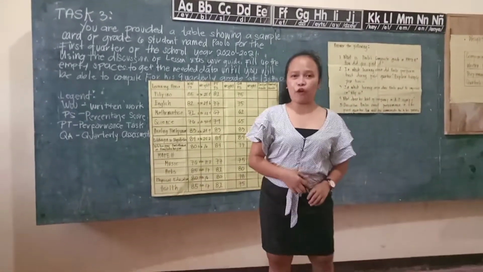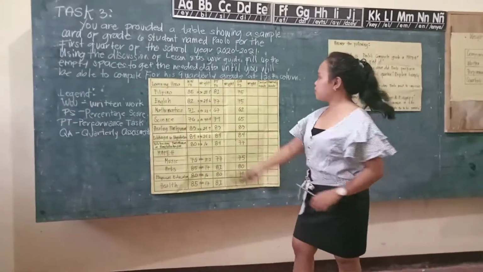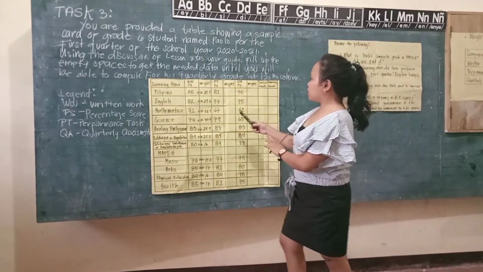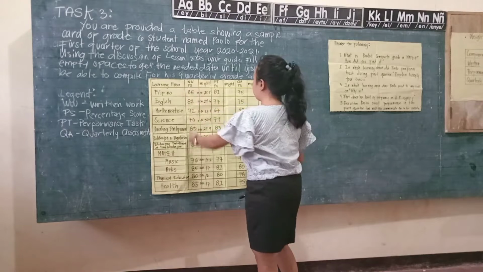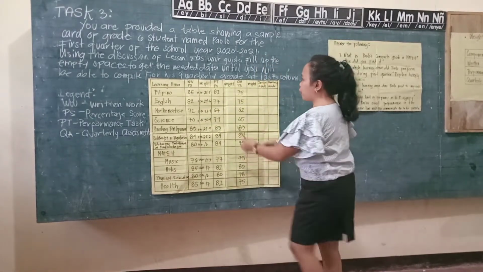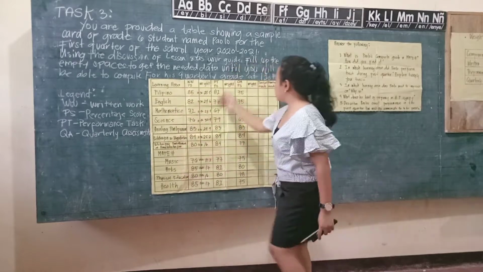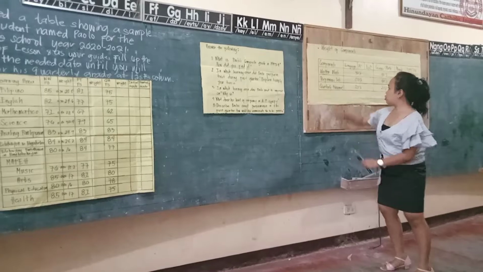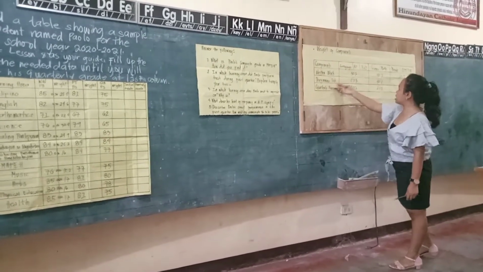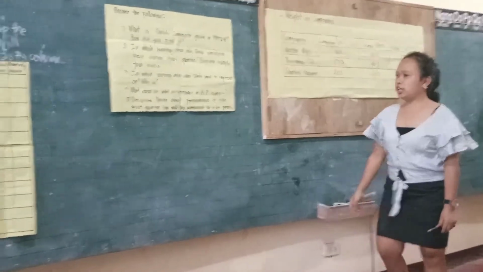So let's move on in solving the weighted score for the performance task. Just like what we do in the written work, we also need to get the weight of component per learning area. So we also need to base it on the weight of the components in performance task in every learning area.